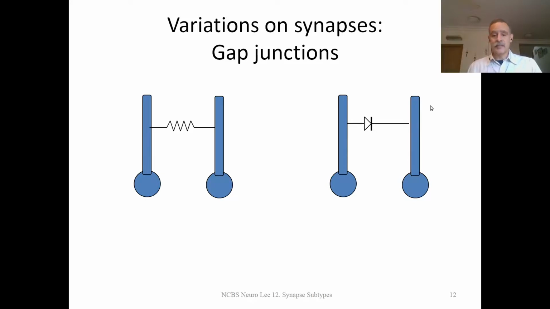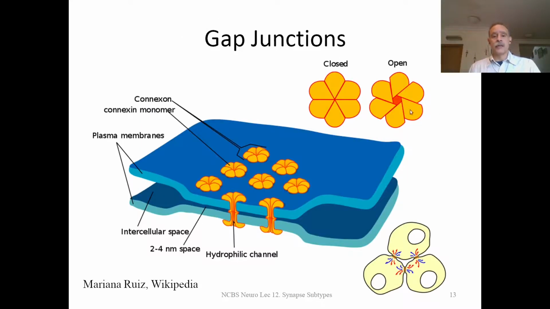So let's see a little bit about how these work. Gap junctions are dual hexameric proteins. That is, they have a hexamer on one side and a hexamer on the other side. These are called connexons, and they need to dock to each other. They need to match, to abut each other, in order for the whole connection to be made across the gap junction.